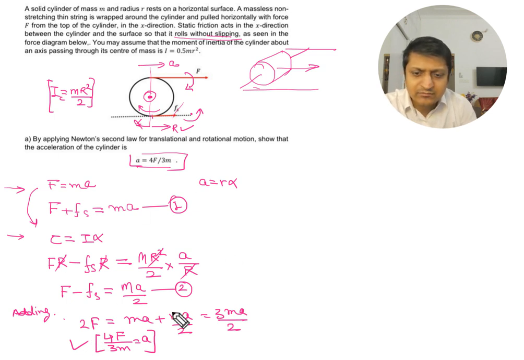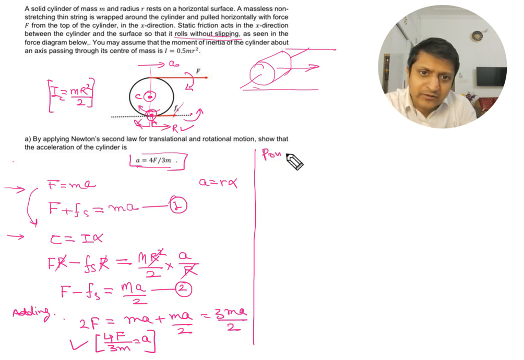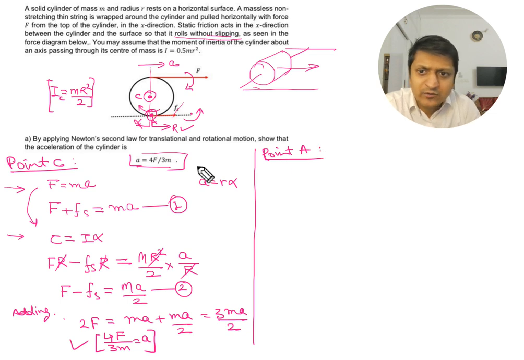So one solution for this is this. The other solution is, if we don't want to take this point and we want this point. From center C, we are moving to point A. So you can write like this, for point A here, and this solution was for the point C. So now for point A also, F equals Ma.